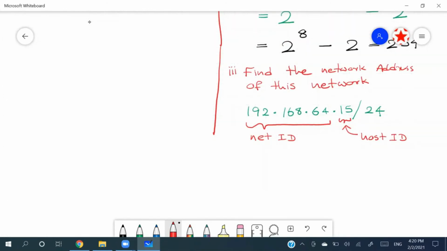So now I'm going to change the host ID bits into zeros. Whatever the bits are there, whether it is zero, we don't need to convert them into zero, but whether there is ones, they are going to be converted into zero. That means all the host ID is going to represent a series of zeros.